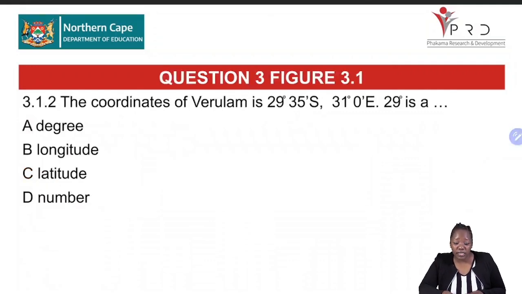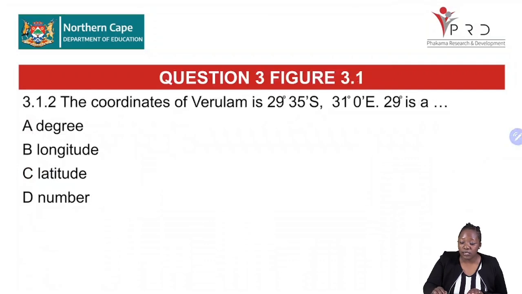Second question, it says the coordinate of Verulamhr is 29 degrees and 35 minutes south, with 31 degrees as well as 0 minutes east. So now these are the coordinates that we are given.